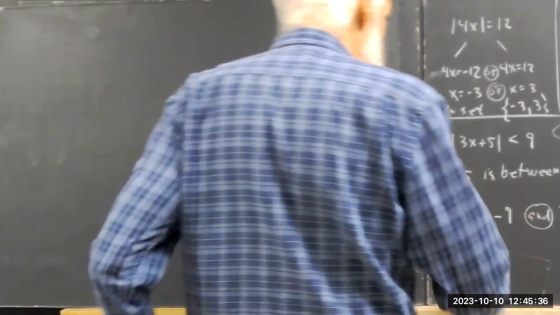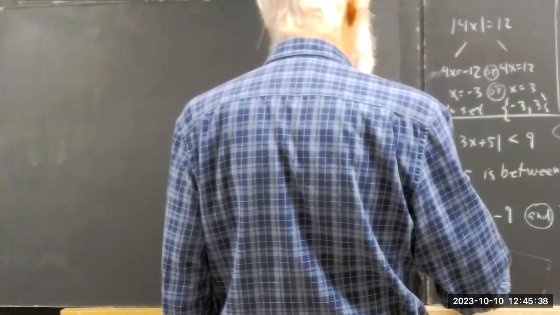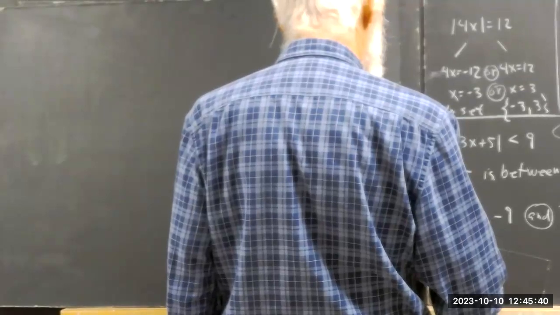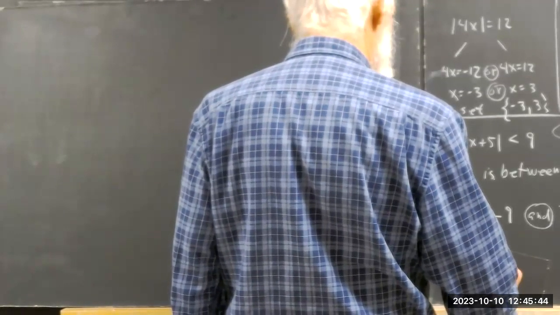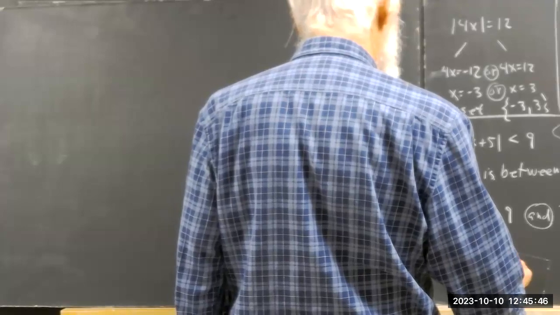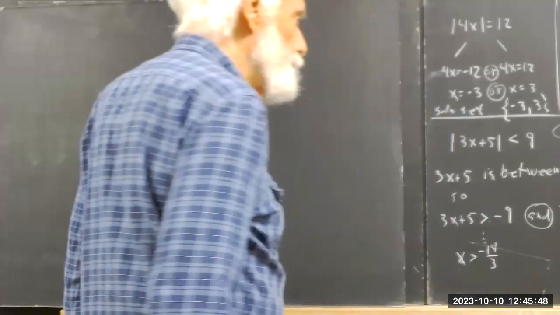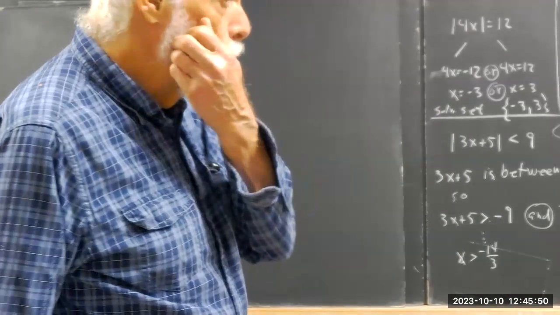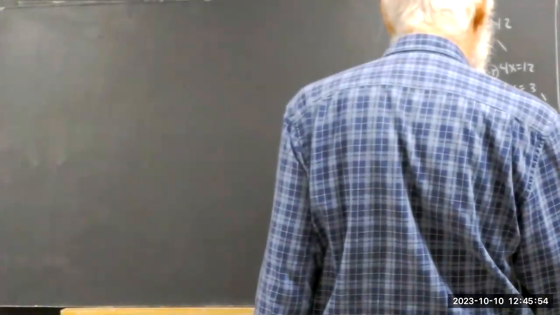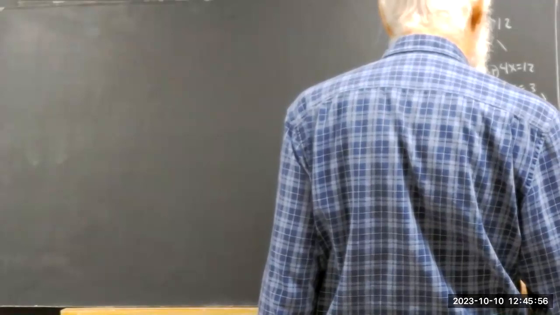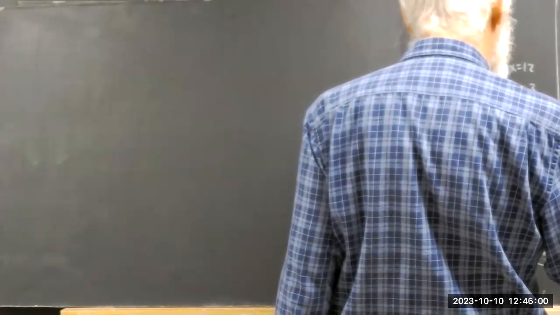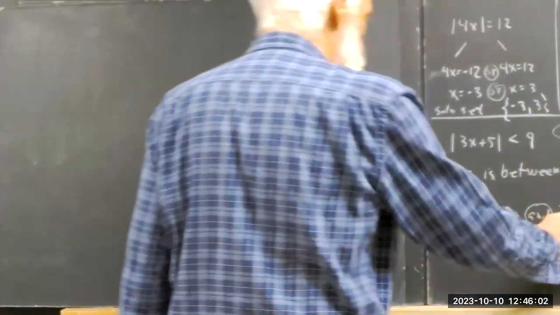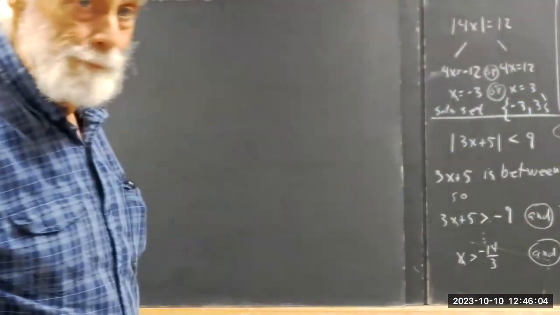Now we can solve these inequalities. So you get x is greater than negative 14/3. And x is less than 4/3. Now the details of solving it are simple.